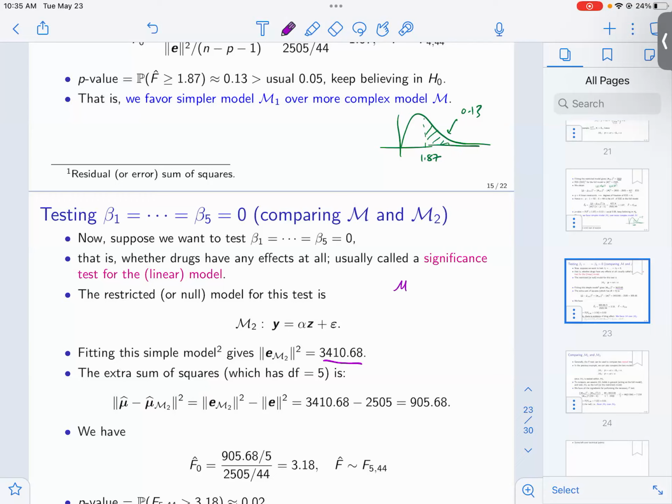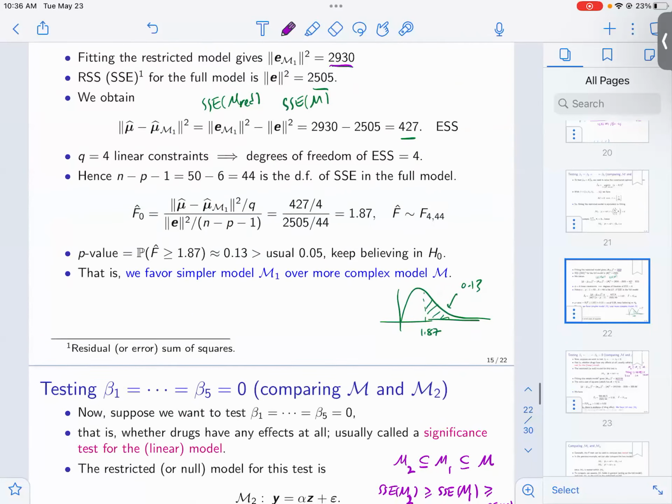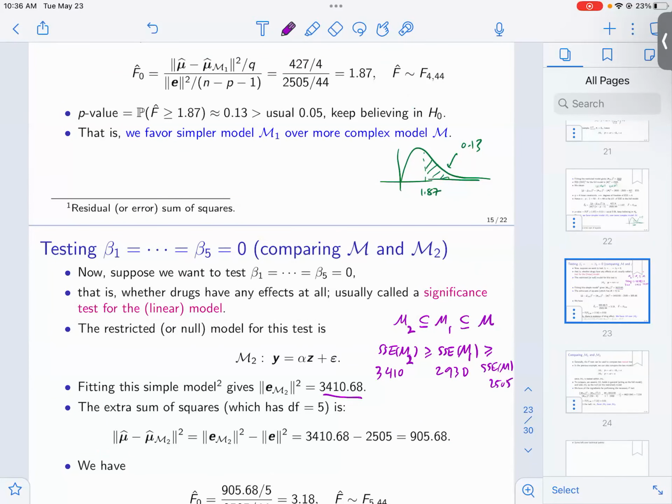M2 is a submodel of M1, which is a submodel of M. So the SSE of M2 is going to be bigger than the SSE of M1, which is bigger than the SSE of M. In this case, this is going to be 3,410. This is 2,930. This is 2,505. So it matches.